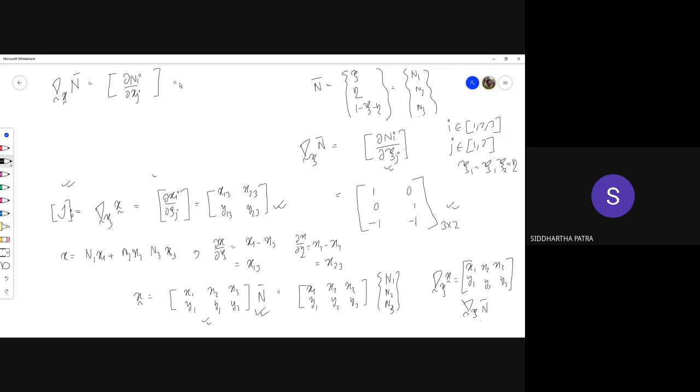Okay, and that transfers through the chain rule as ∂Ni/∂ξk times ∂ξk/∂xj.